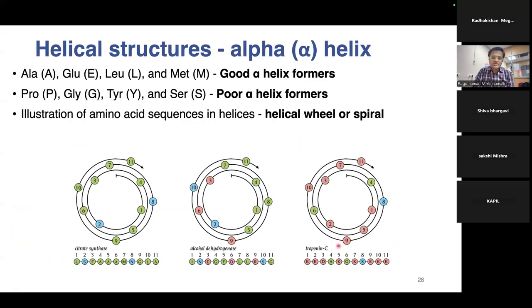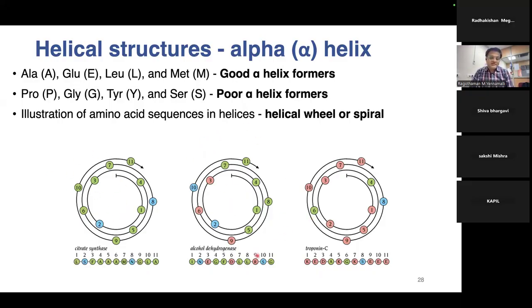So all you see is a helical wheel. We know that every amino acid is placed at 3.6 residues per turn, or 100 degrees from each other, so you can actually complete a circle of 360 degrees. And then you can find out, for example, that this is completely hydrophilic.